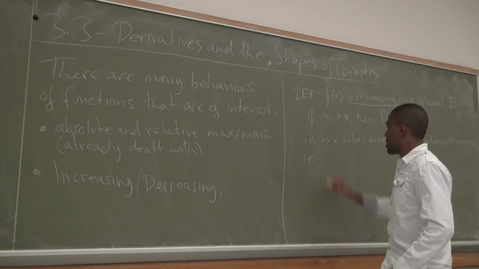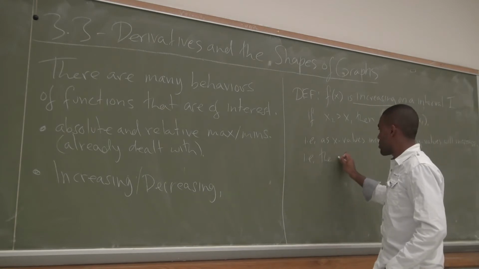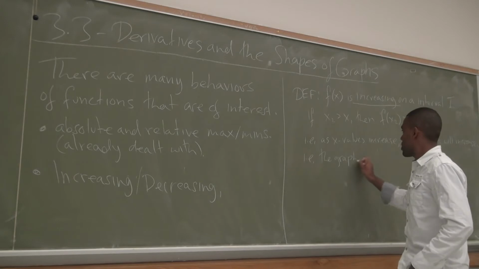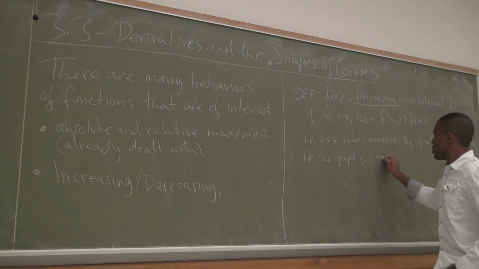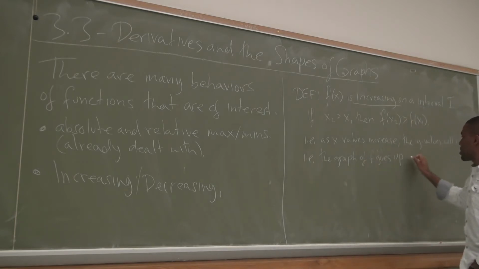I.e., the graph goes up as we move from left to right. The graph of f goes up, moving from left to right.